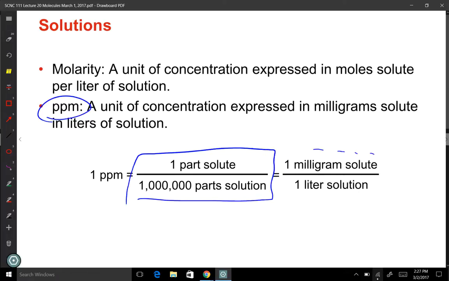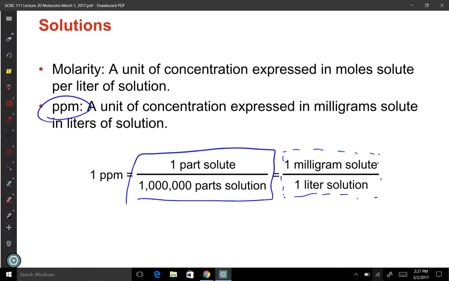This part here is a little sketchy to me. 1 milligram of solute per 1 liter solution is making an assumption about the density. And that's not necessarily going to be true depending on what your materials are. So the one in dashed lines is not really perfect, but the one in the solid box is perfect. A part per million is just 1 molecule per million molecules is the one you're looking for.